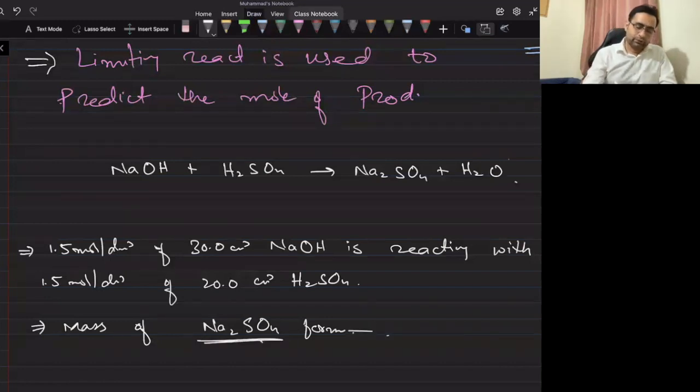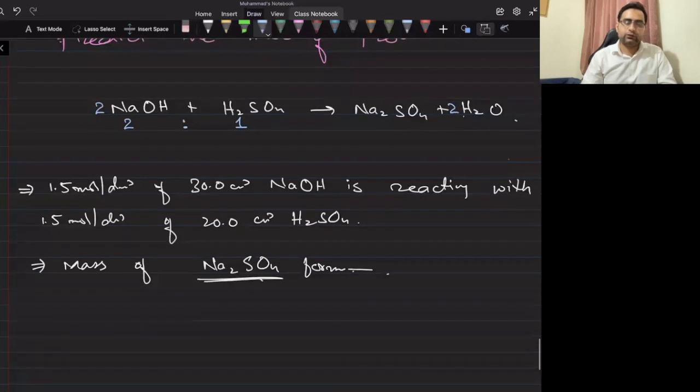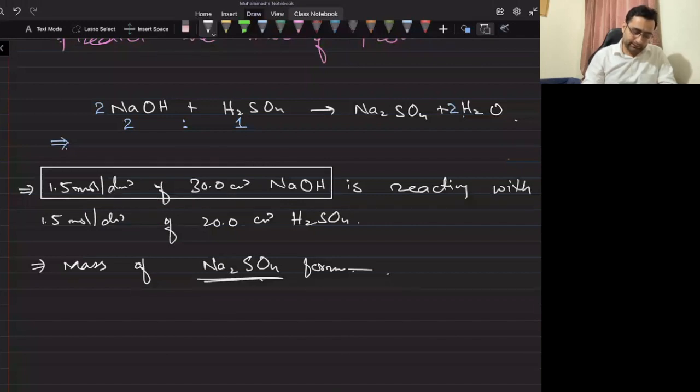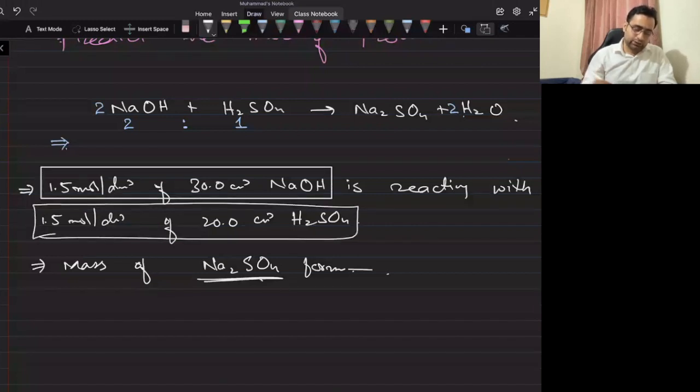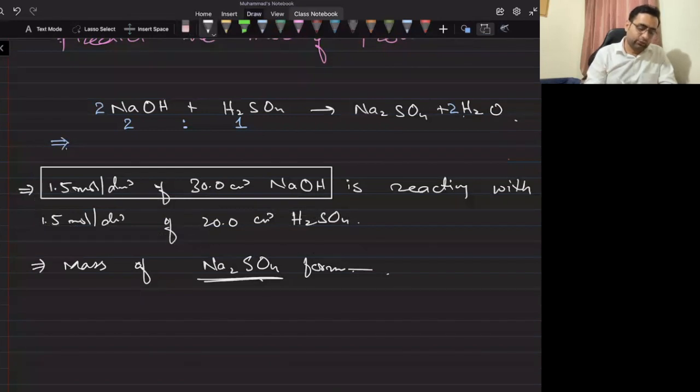So at first step, you have to predict their molar ratio. This is a balanced chemical equation. Now 2 moles of NaOH are reacting with 1 mole of sulfuric acid. Now you will identify limiting reactant and excess reactant. For this purpose, you will find out number of mole of each quantity we are using. For example, this is NaOH and this is sulfuric acid. So at first step, you'll find out mole of NaOH: 1.5 into 30 over 1000.